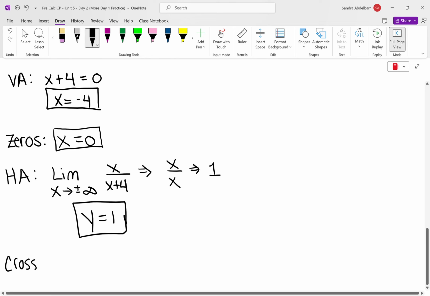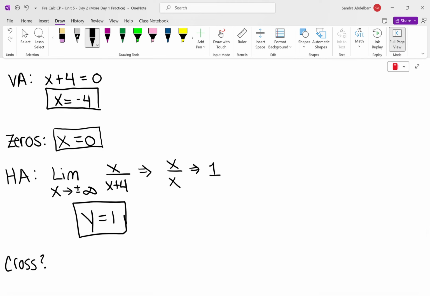The last thing we ask ourselves, does it cross? Can you cross a vertical asymptote? Never. So what do we check for it to cross? The horizontal. Who remembers, how do we check to see if it crosses the horizontal asymptote? Good.